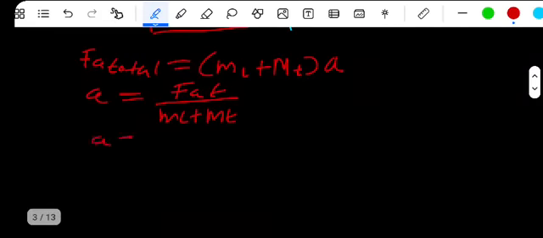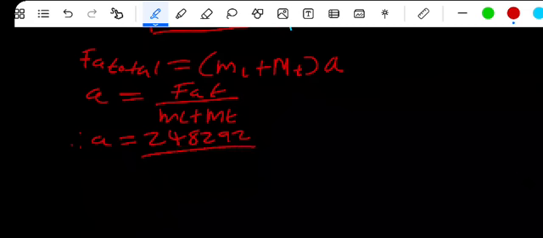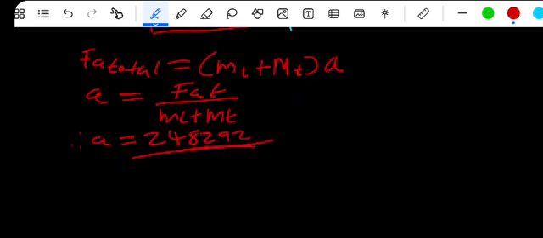Therefore, to get our acceleration, it's still there in my calculator: 248,292 divided by the mass of the locomotive. Remember, check the note, it was in tons.